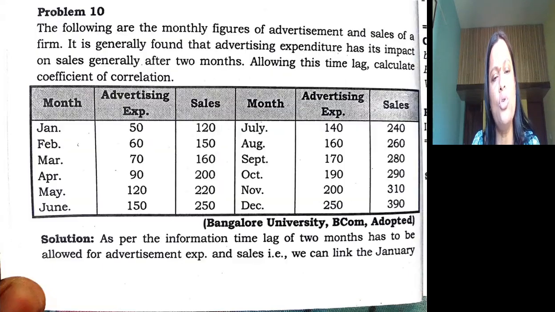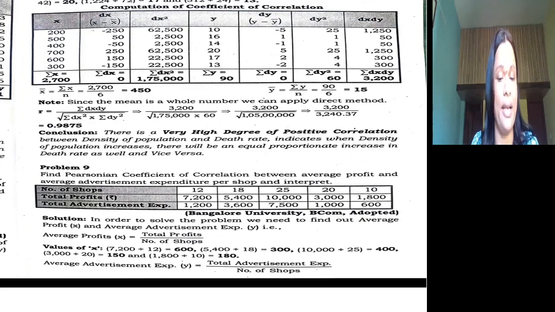So you have to solve problem number 9. I have not solved it. You should try. Let me go through problem number 9. Find Pearson coefficient of correlation between average profit and average advertisement expenditure per shop and interpret. So average profit: total profit is given, average profit is not given.